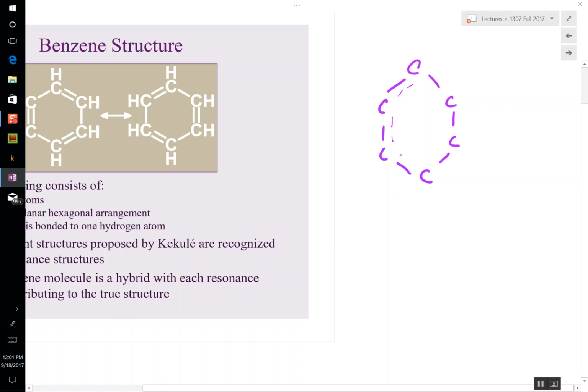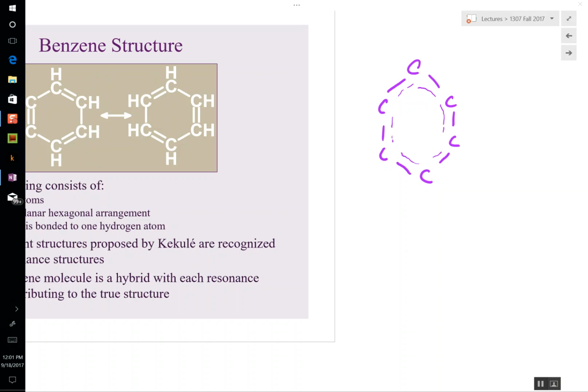Then I get around to my other double bond, and there's half a bond there and half a bond there, and the same for my other double bond. So you know what we actually do? We draw a circle in there instead of three distinct double bonds. And that's benzene.